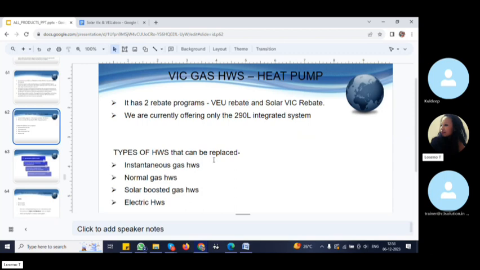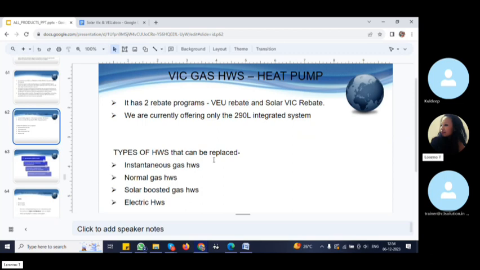The Victorian state government has launched this scheme, and with the help of this scheme, the customer can claim a rebate. And when I say claim rebate, they can get the new products with a discounted price, or with a subsidized price.